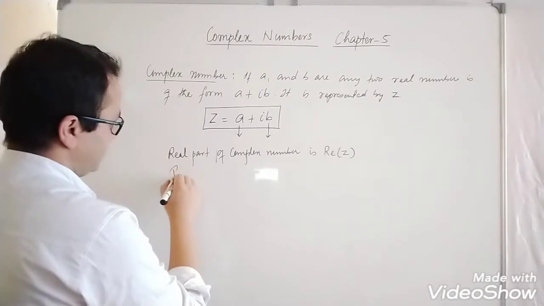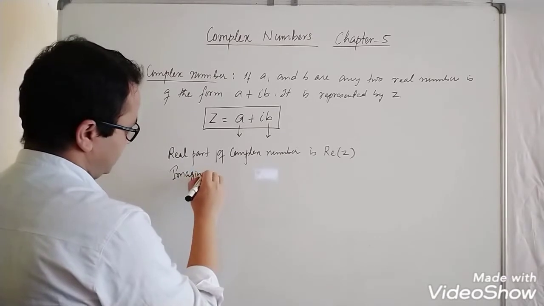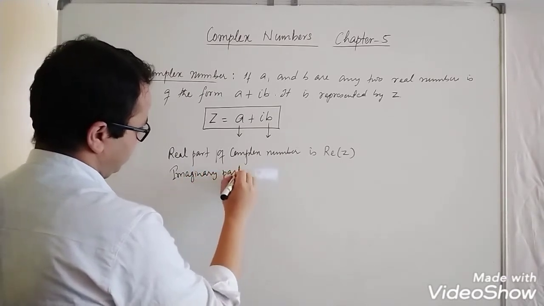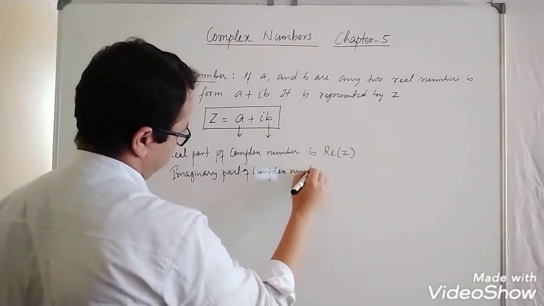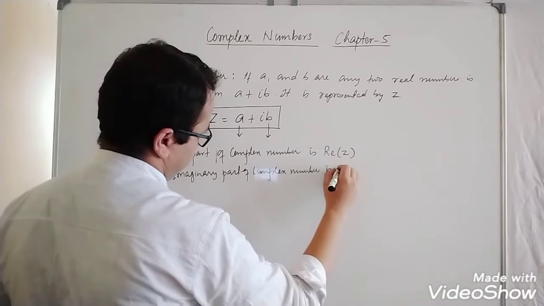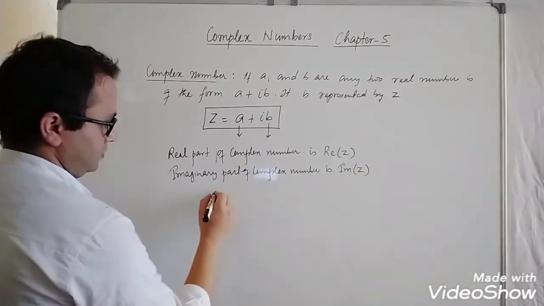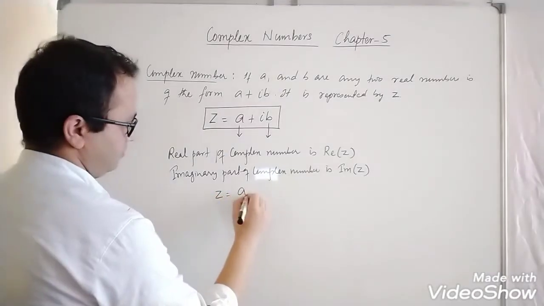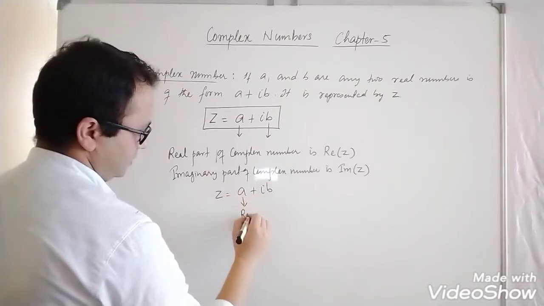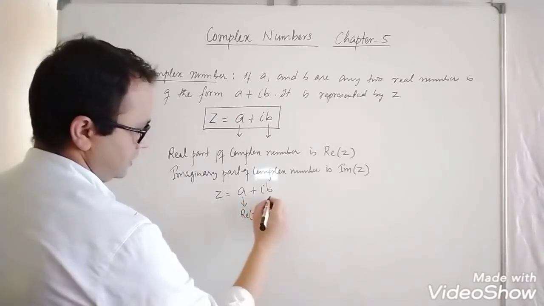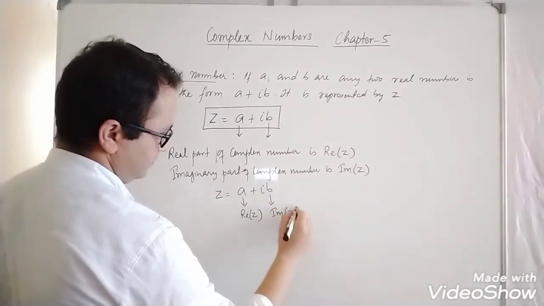And the imaginary part of a complex number is Im z. So we can say that z equals a plus ib, where a is Re z and b is Im z.